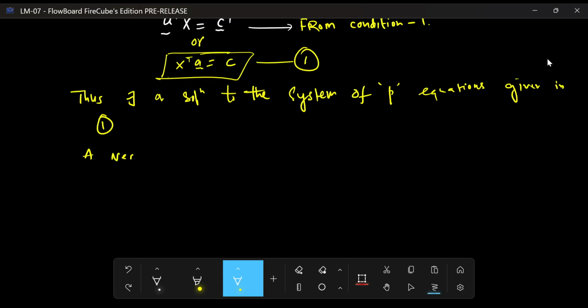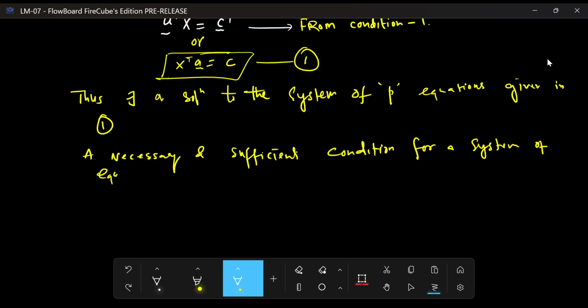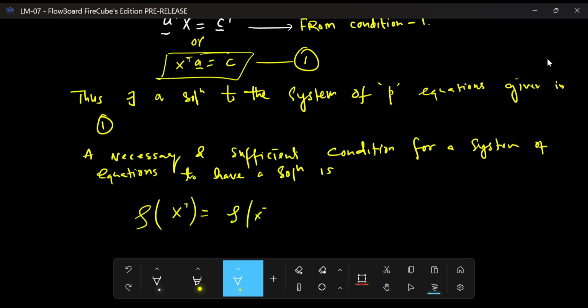Then a necessary and sufficient condition for a system of linear equations to have a solution is simply that the rank of X transpose is equal to the rank of X transpose augmented C curl.